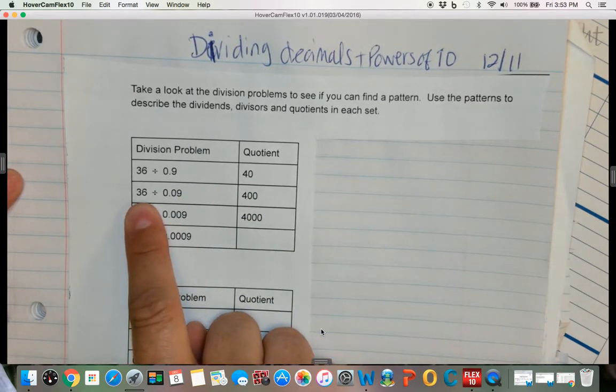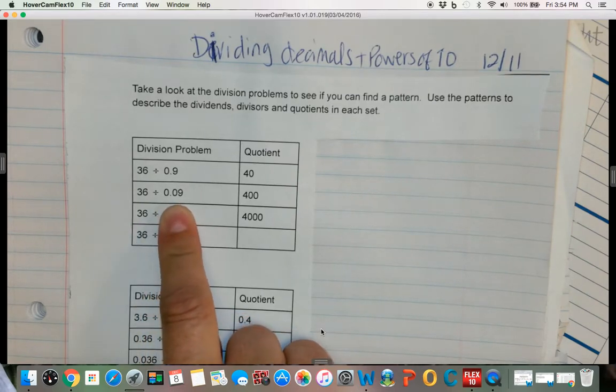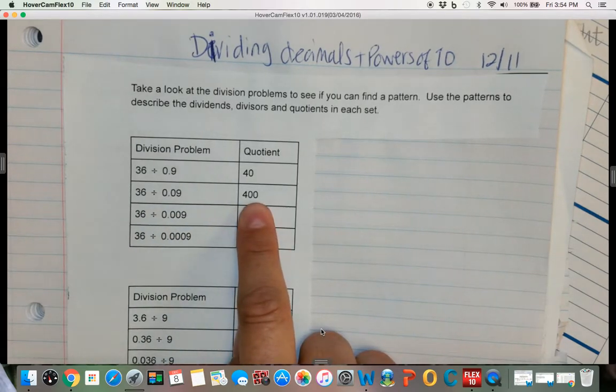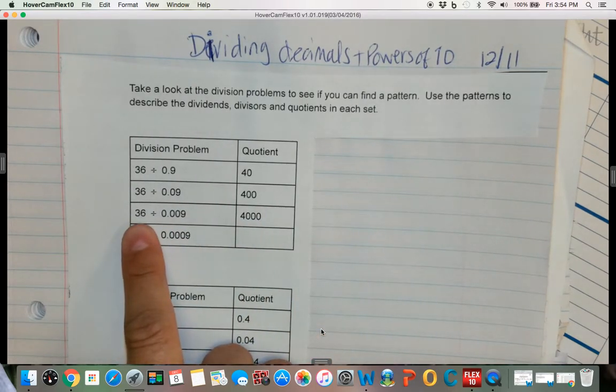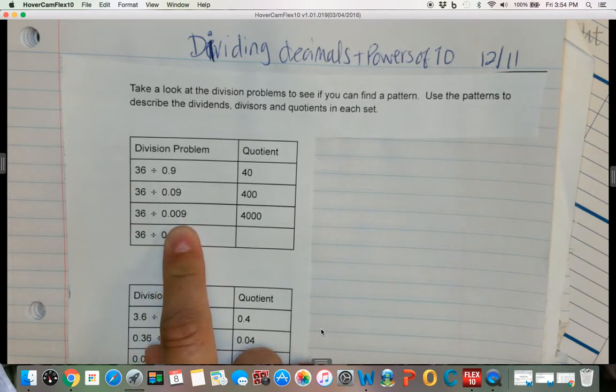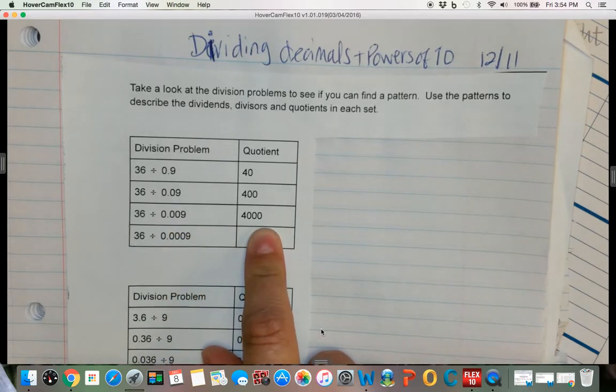We have the same dividend, and that is 36, but we have a different divisor. We have 9/100ths, and that gives us 400. Then we divide the same dividend by 9,000ths, and we get 4,000.